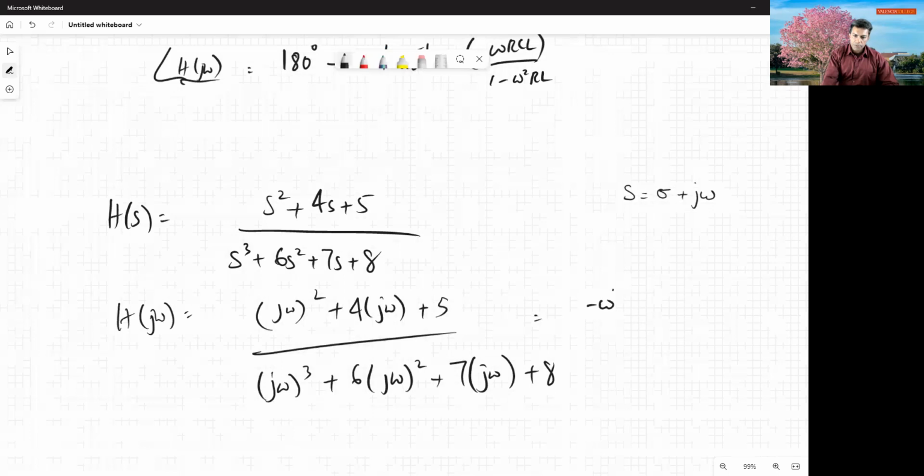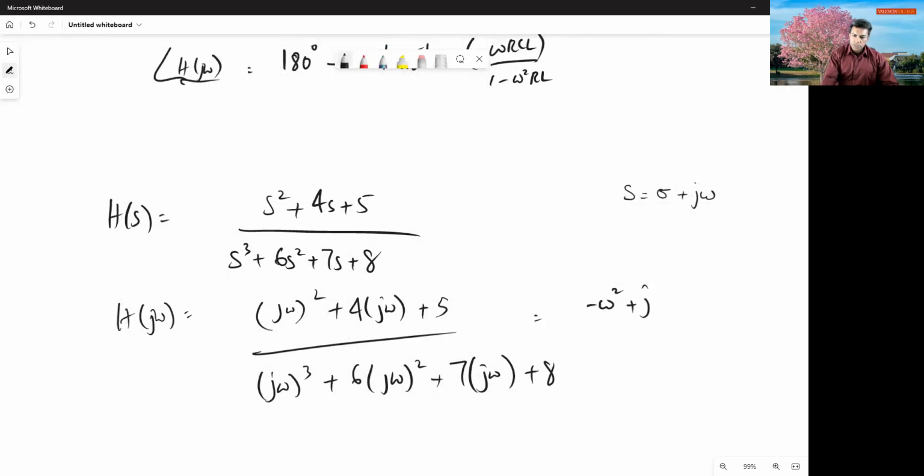So that's negative omega squared plus j4 omega plus 5. That's the numerator. The denominator: (j omega) squared is negative omega squared, multiplied by one more j omega because it's a cube, so that's negative j omega cubed. j squared is -1, and negative 1 times j is negative j. Then 6(j omega) squared is minus 6 omega squared, plus j7 omega plus 8.